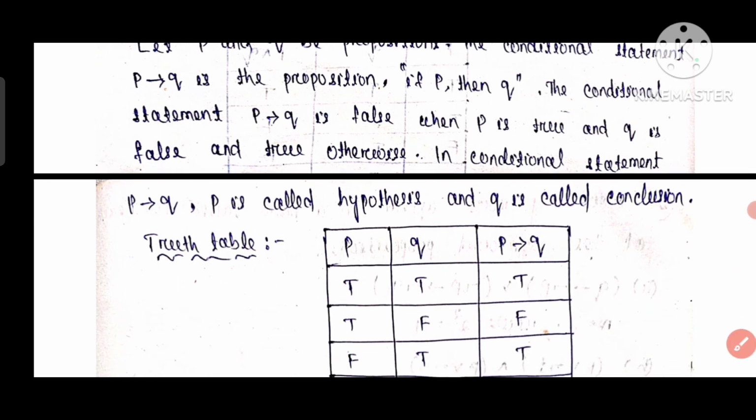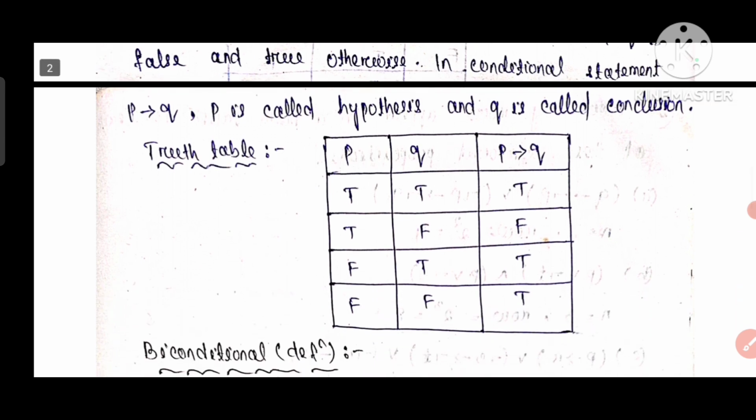In the case of the conditional statement, P conditional Q is false when P is true and Q is false, and true otherwise. That means this is the truth table. P and Q are two propositions. Here also four cases arise: true, true; true, false; like this.